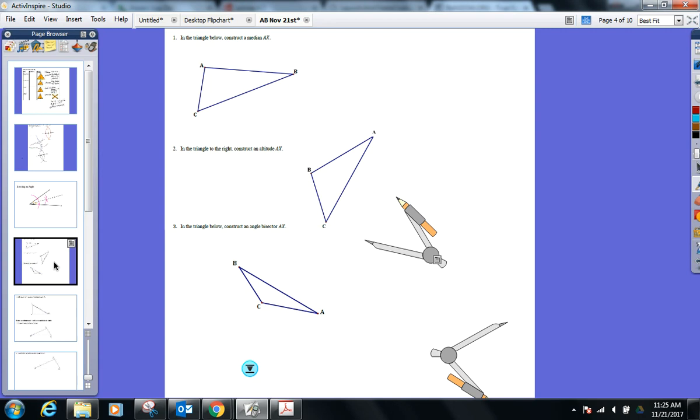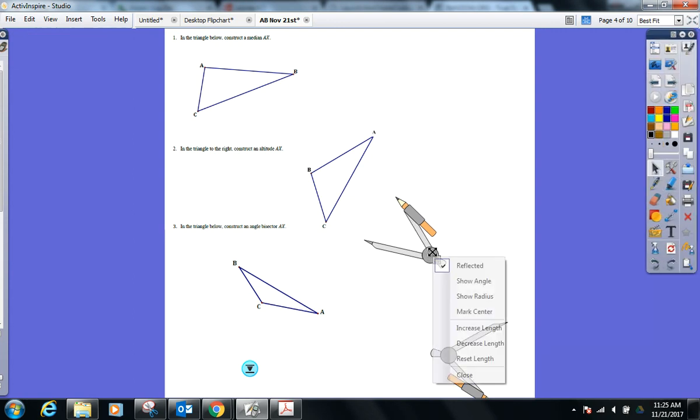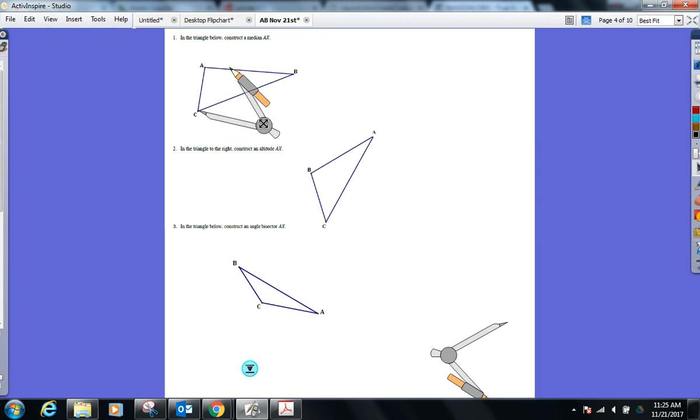Yep, so I'm going to go to BC because it's got to start at A, median AX, so it's got to go from A down to CB. So I need to bisect CB. And then we're just going to hold up for 1 sec because some of you guys may get a little confused here. So let's just do our construction.